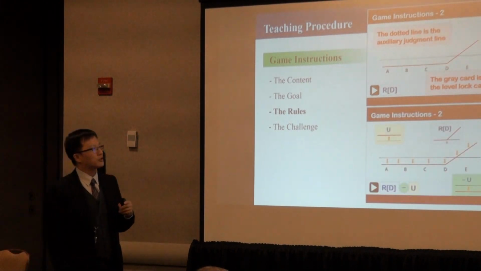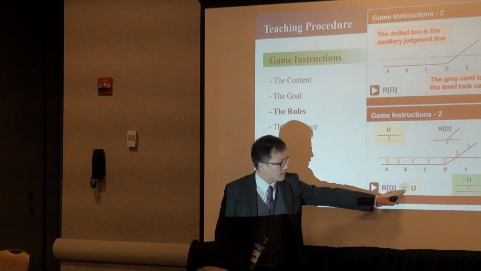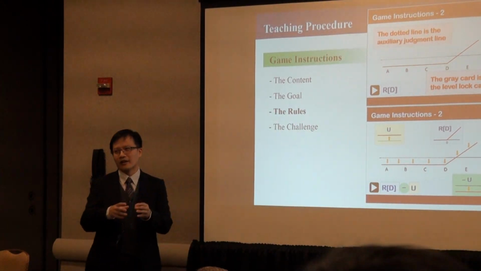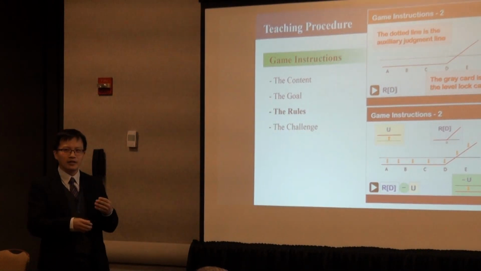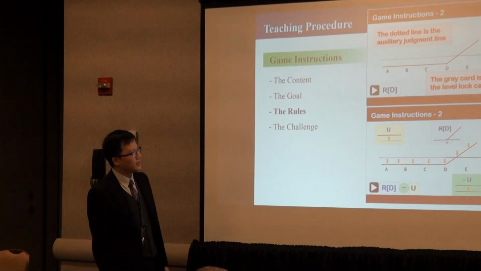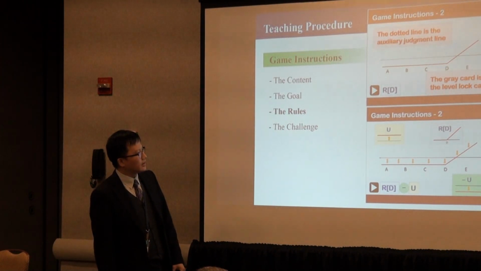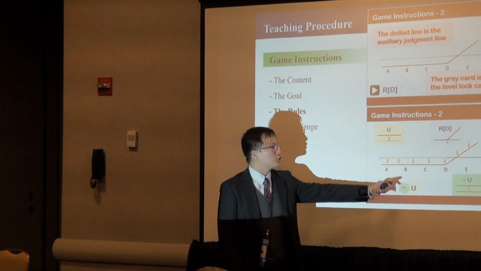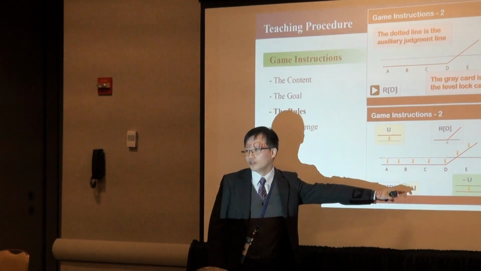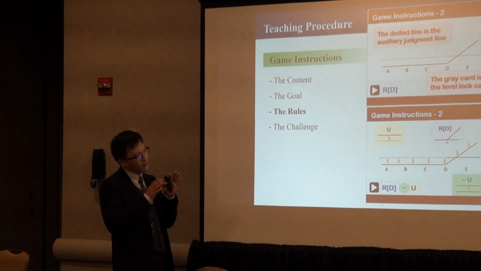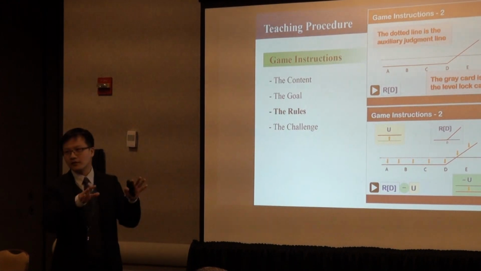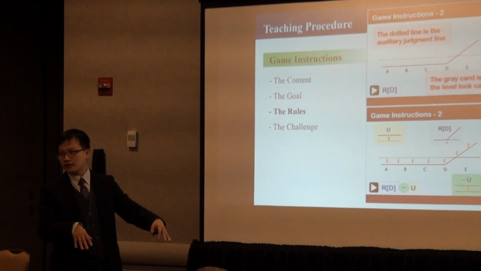The second instruction also introduces the function of a negative connector. If you use the negative connector with the U card, it means you can push the entire curve in the opposite direction.